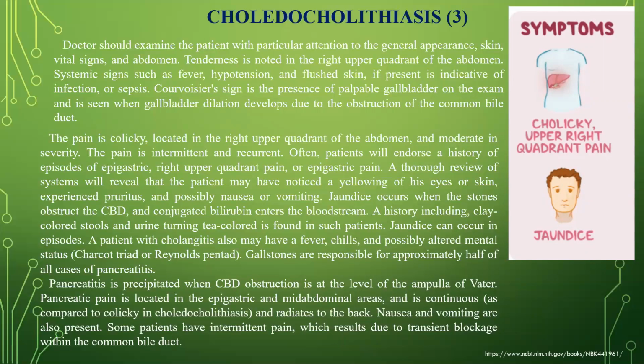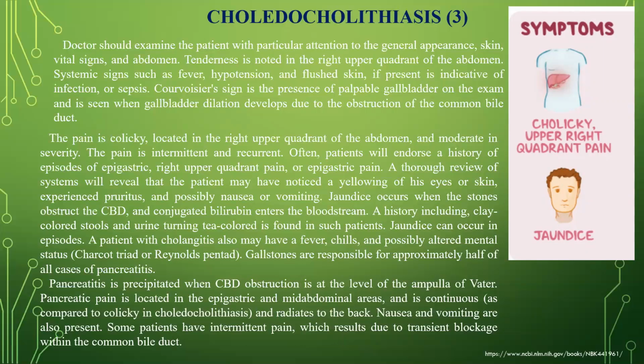Jaundice occurs when the stones obstruct the common bile duct and conjugated bilirubin enters the bloodstream. History including clay-colored stool and urine turning tea-colored is found in such patients. Jaundice can occur in episodes, and patients with cholangitis may also have fever, chills, and possibly altered mental status.